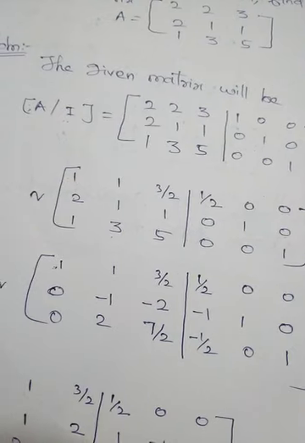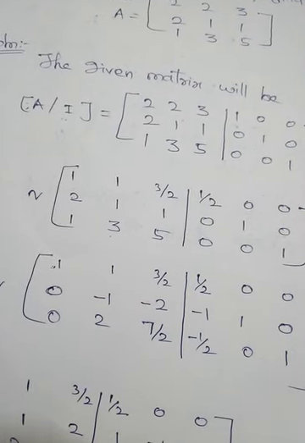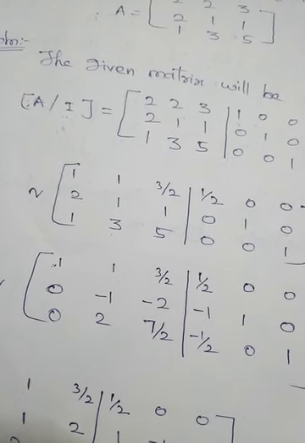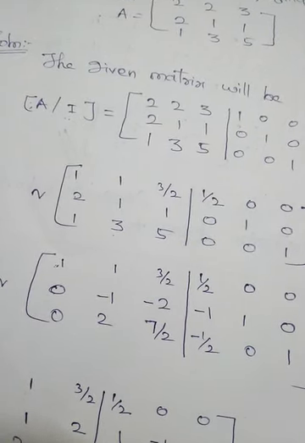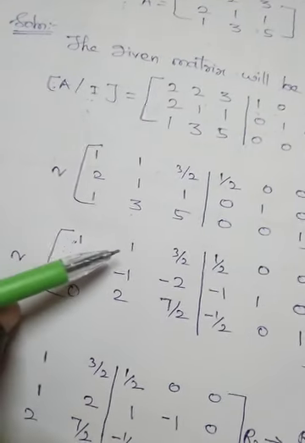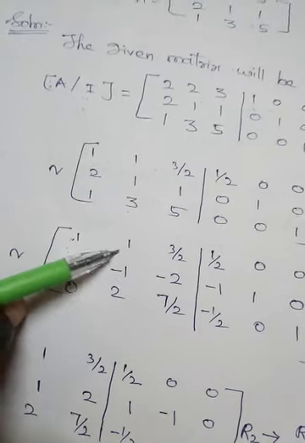All the other values must be 0. Then only it is called identity, otherwise it may not be called identity. So 1 already exists, keep it as it is. We may change this place.